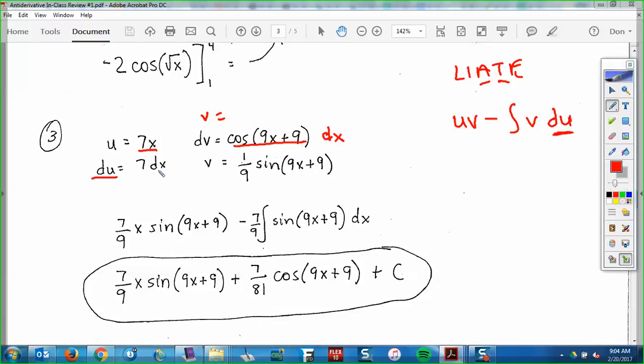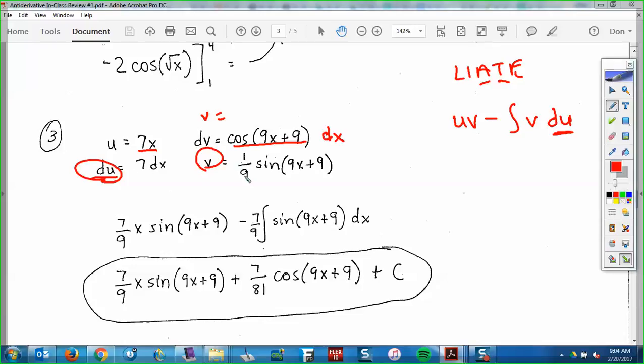du equals 7dx. So this would be u times v, so 7x, and right here when you go from dv to v, remember you're doing the antiderivative, you got to kick out a 1/9. So this would be 1/9 sine. So when you take u times v, that's 7/9 x sine of 9x plus 9, minus the integral of v du.